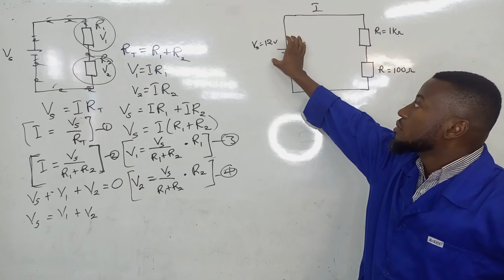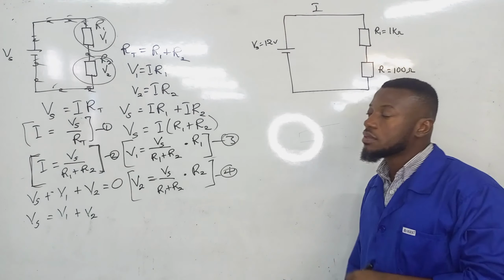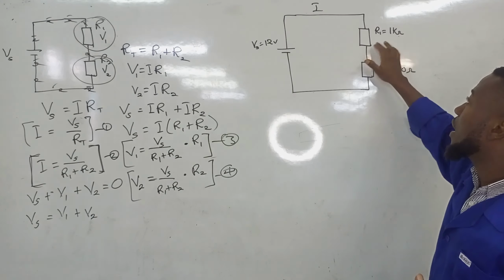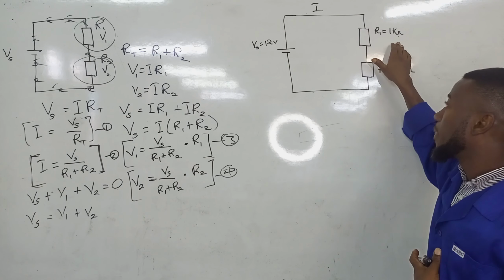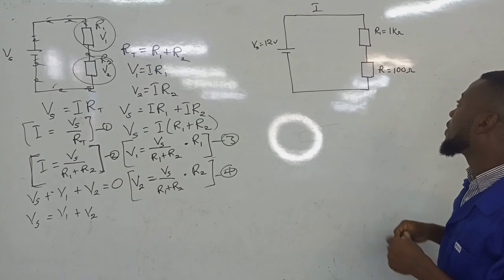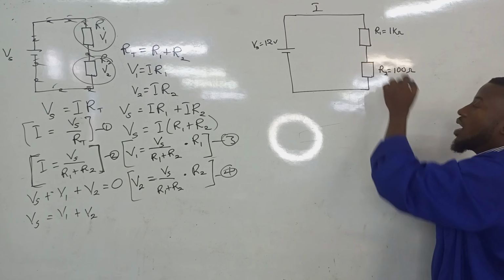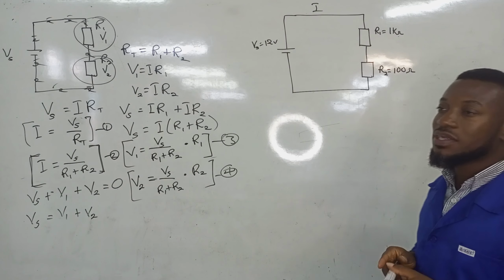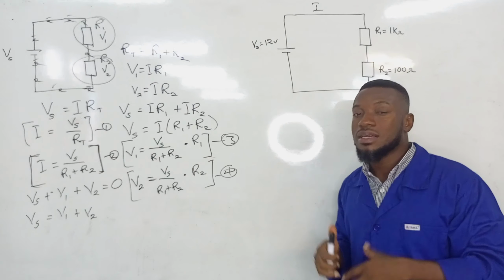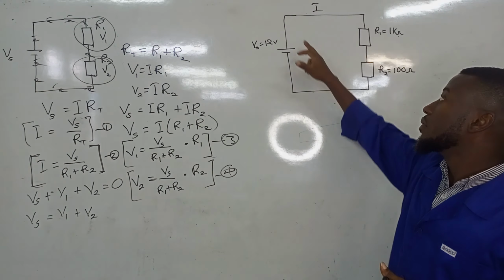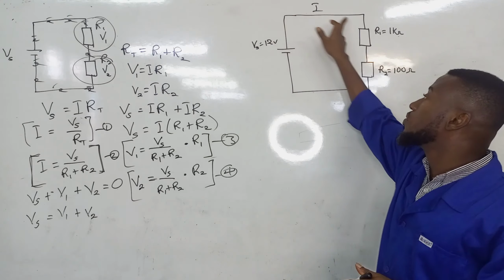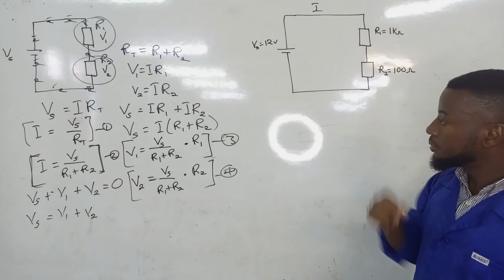Our V source is 12 volts. We have our first resistor R1 being 1K, and then the second resistor being 100 ohm. The first question is, let's find the current that is going through this circuit.